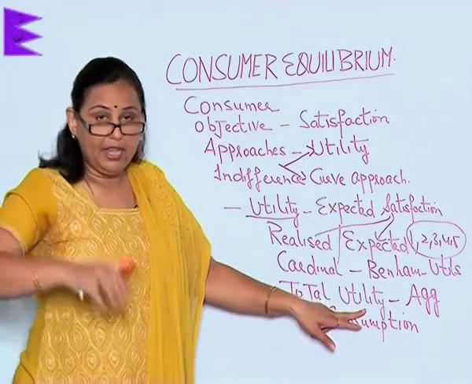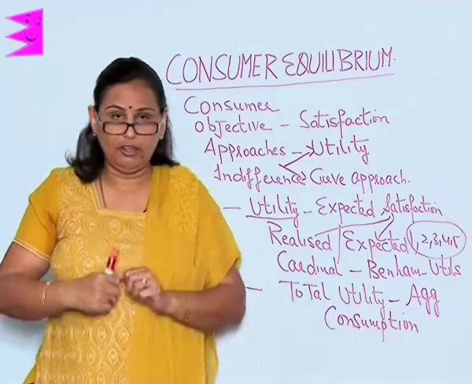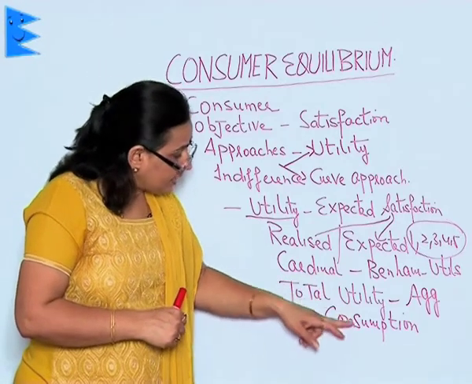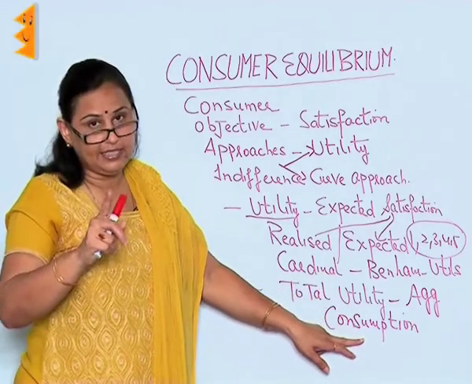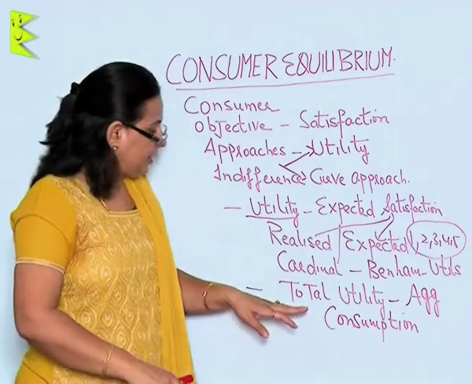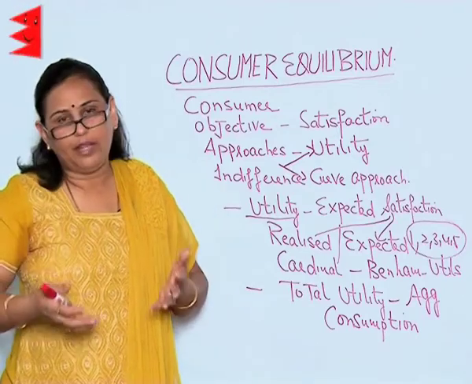For example, if you eat say 4 slices of bread every day, the satisfaction that the consumption of those 4 slices provides you is the total utility, because that is your requirement.